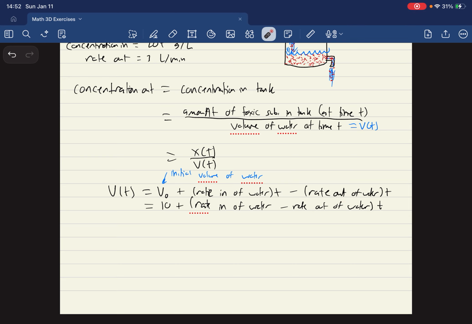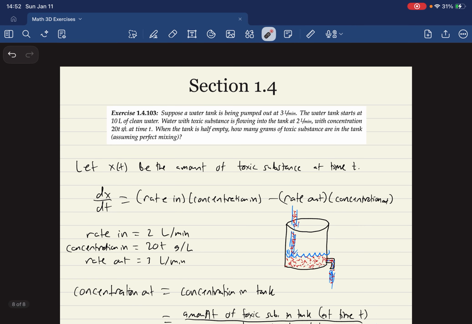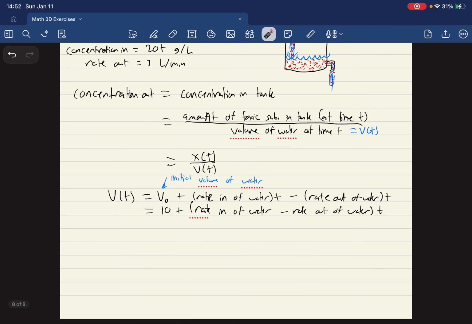If, on the other hand, the rate in of water is less than the rate out, as in our case, because we're given that water is flowing into the tank at 2 liters, but it's being pumped out at 3 liters per minute, then this difference is going to be negative. And so now we're going to have a linear function with a negative slope, and so that function is going to be decreasing. Okay, that checks out.